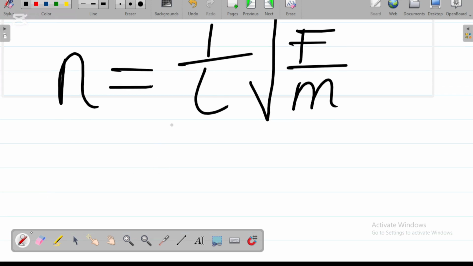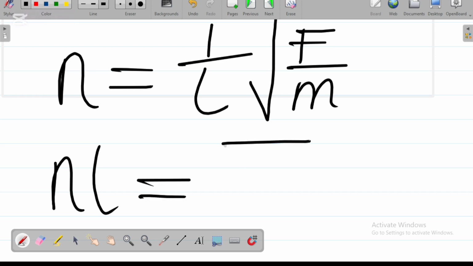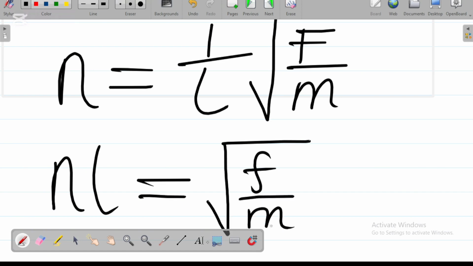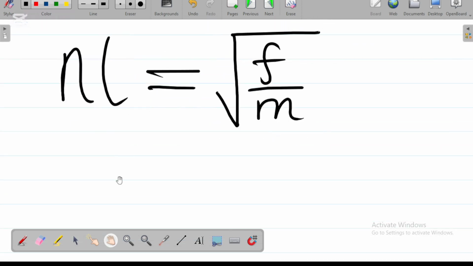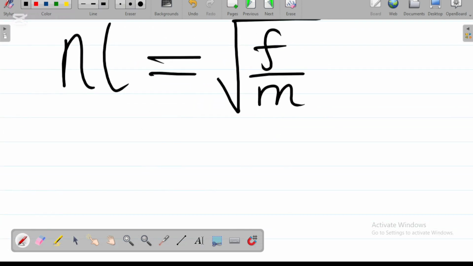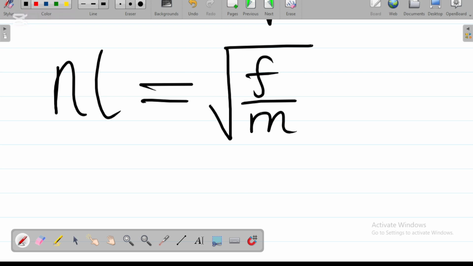So our next task is to cross multiply. If we cross multiply, we would have N multiplied by L is equal to square root of F all over M. Alright, so since we have this, we need to eliminate this square root. How do we eliminate the square root? By simply squaring both sides.